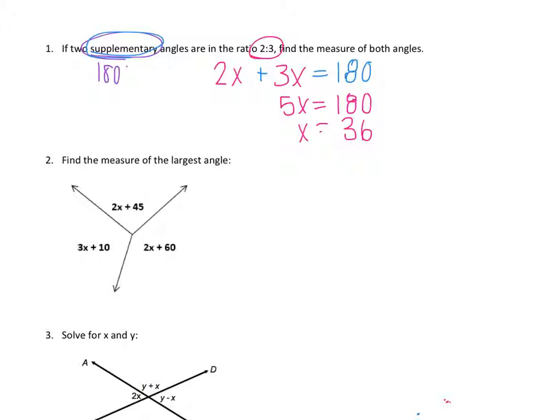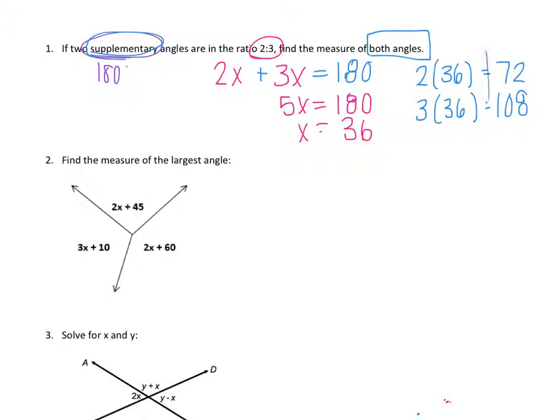Now our last step is to find the measure of both angles. That means I need to plug that 36 in for both 2x and 3x. 2 times 36 is 72, and 3 times 36 is 108. Okay, so here our final answer would be 72 and 108.